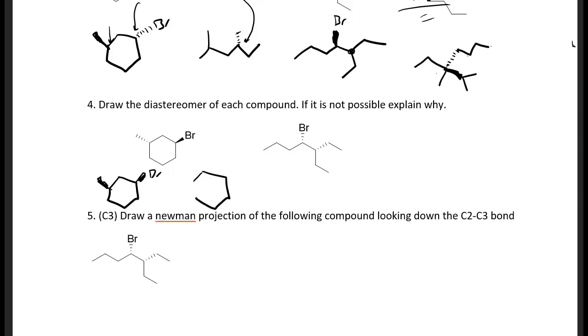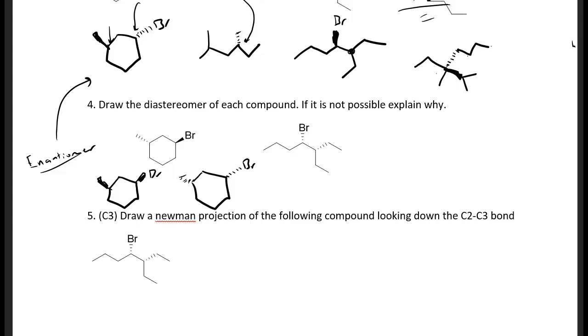And then for the other one, I will leave the methyl group the same and flip the bromine. So that is the other diastereomer. So those two are diastereomers, and then an enantiomer would be flipping both, so we've already drawn that enantiomer up there.